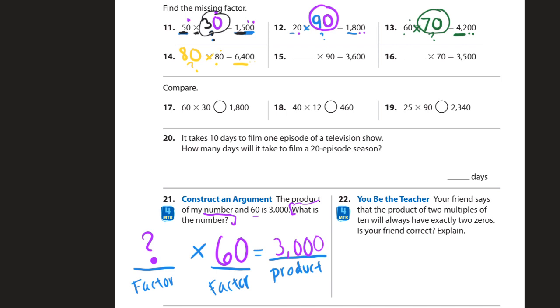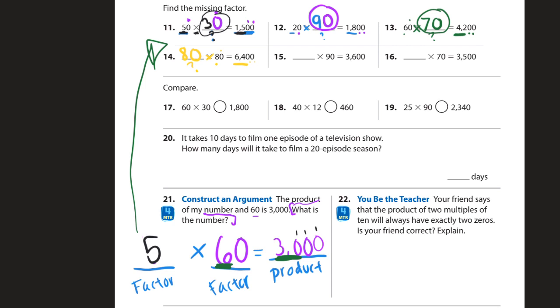Well, I know how to solve these. I just did them up here. Same kind of question. So I asked myself, what number times 6 equals 30? And that answer is 5. 5 times 6 is 30. But I'm not done. I see my answer here has 3 zeros.